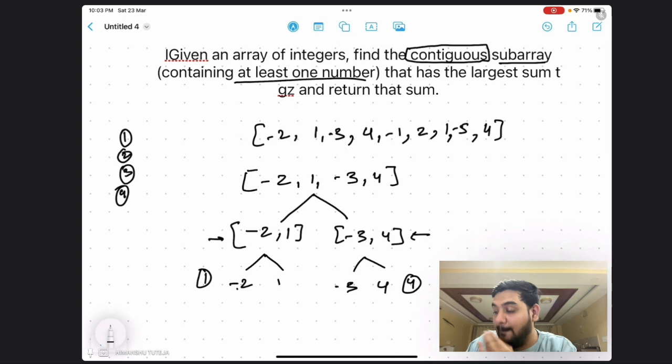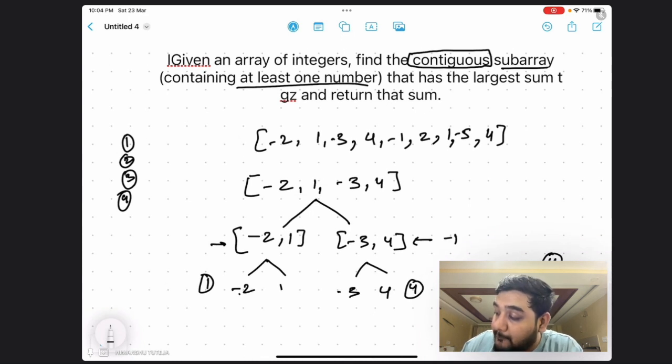Now I will go a level up. In this algorithm I will see, if I combine these two cases like -3 and 4, what will be my maximum sum? The maximum sum will be 4 again, because -1 will be the sum, but that won't be the maximum out of it.